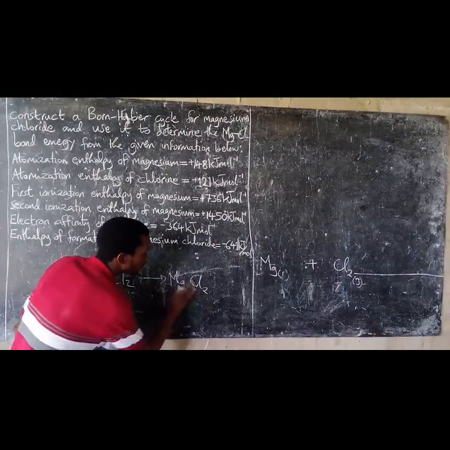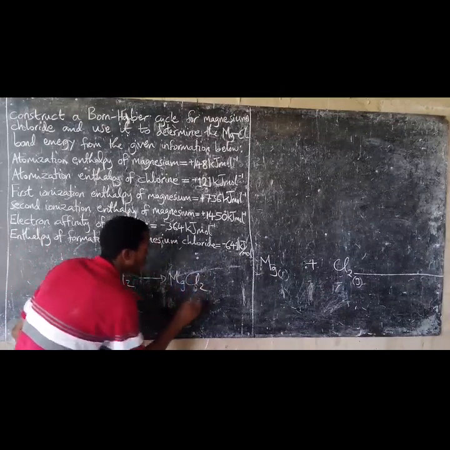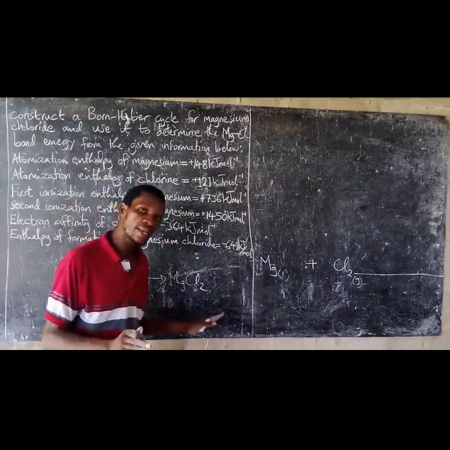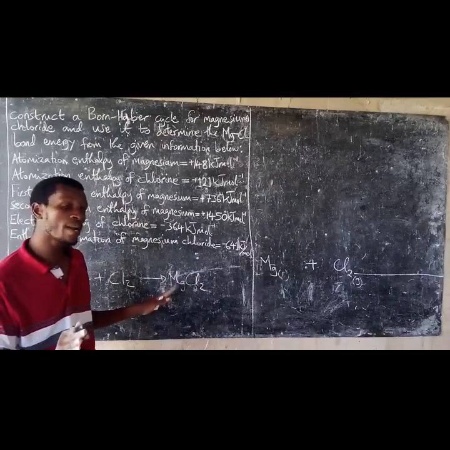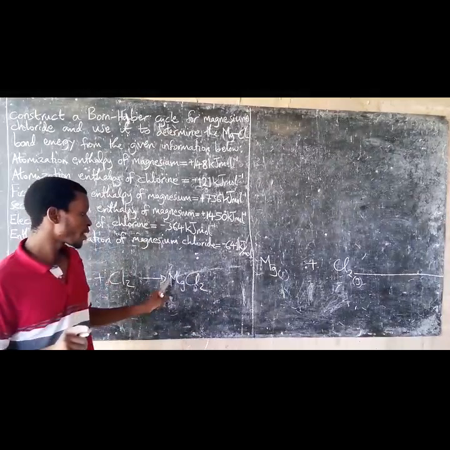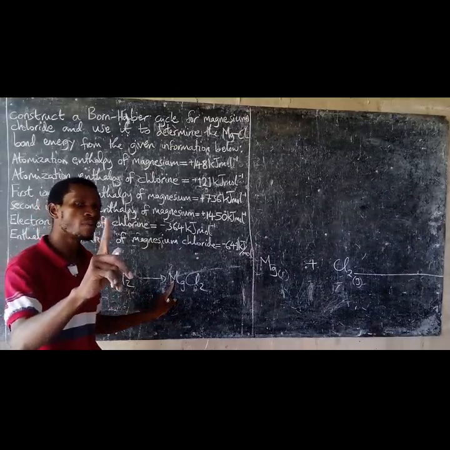Now the product formed is magnesium chloride. Then we have to balance the reaction equation. When you are balancing the reaction equation, you have to know that the product formed must be 1 mole. Why?